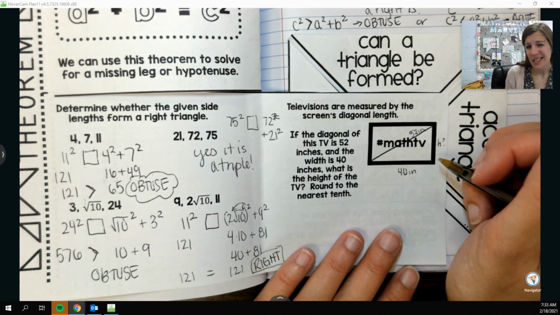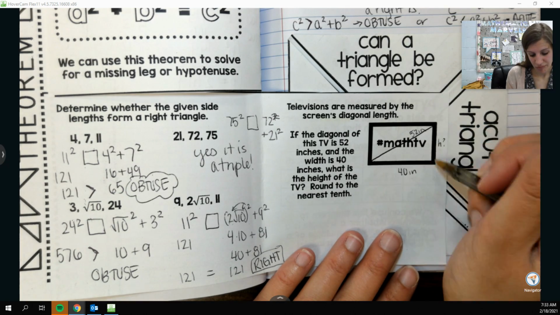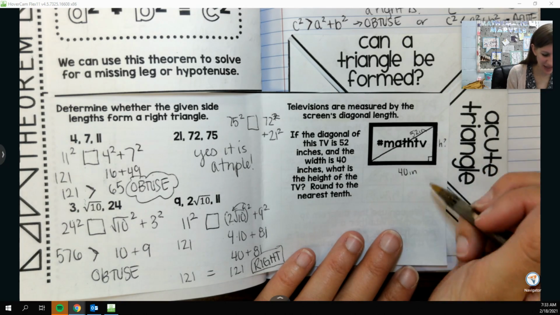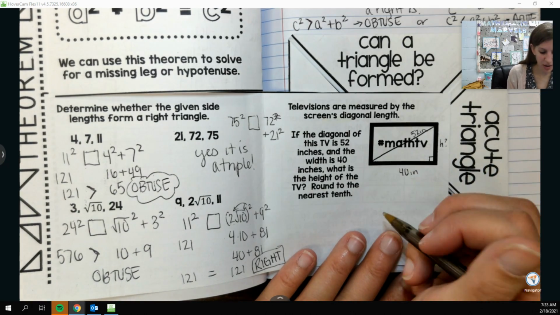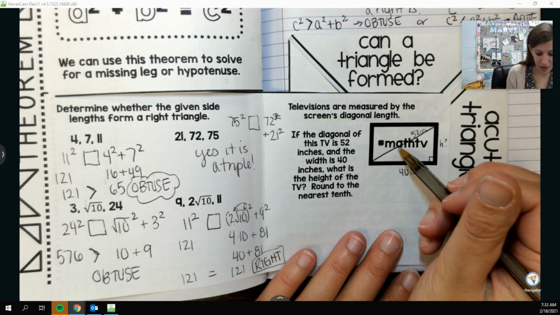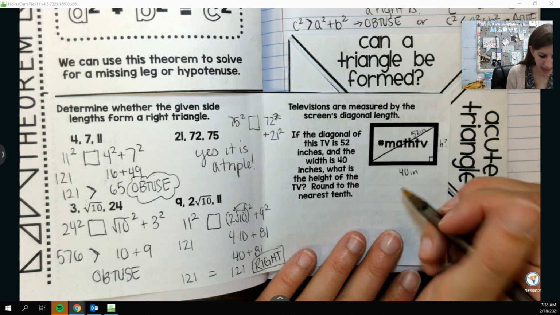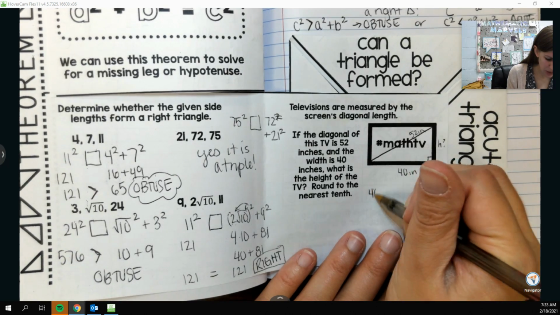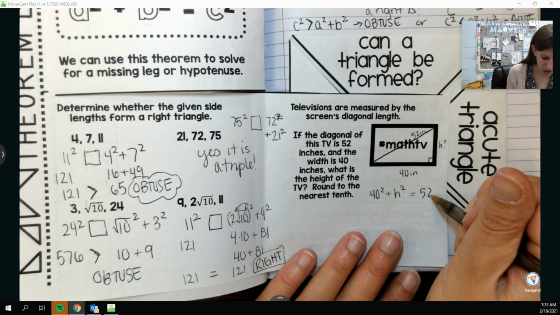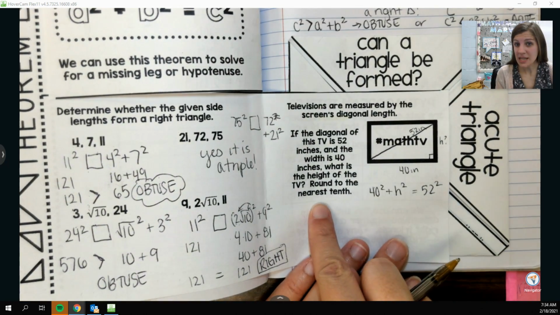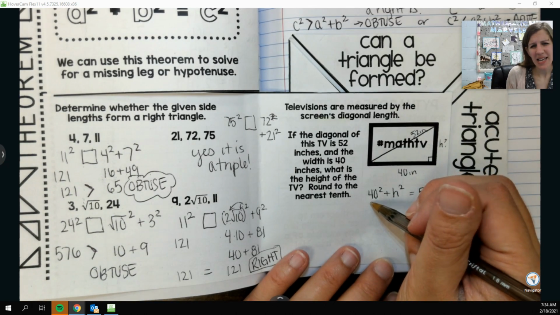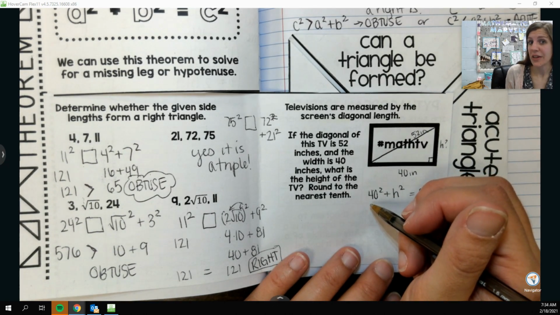Well, a TV does make a right angle in the corner. So we can do the Pythagorean theorem because we technically have a right triangle here. So 52 is my hypotenuse because it is across from the 90. So we'd have 40 squared plus, I don't know, the height squared equals 52 squared. Now this one, they do want me to round to the nearest tenth. So 40 squared isn't so bad because I just square the 4 and then the 10.